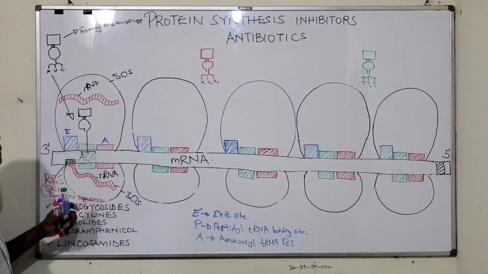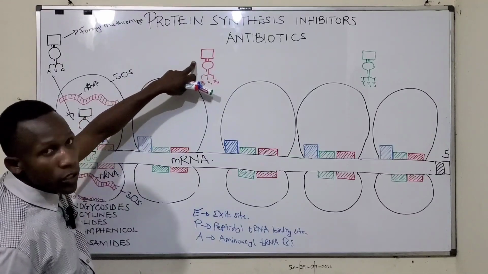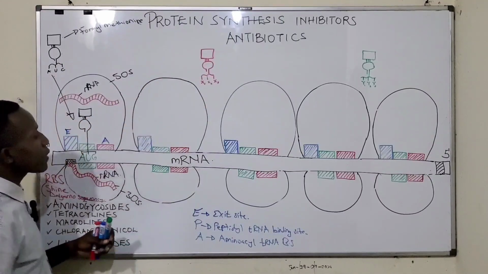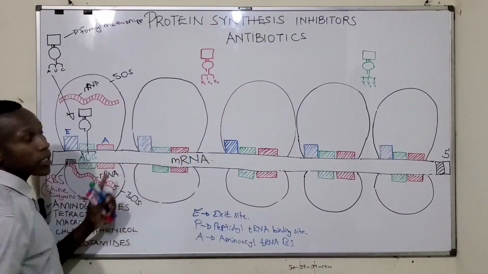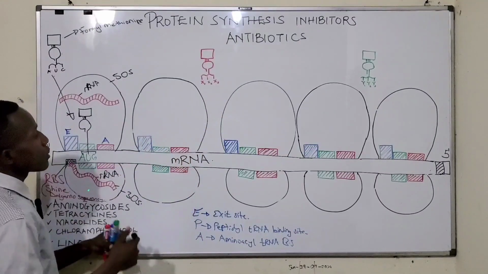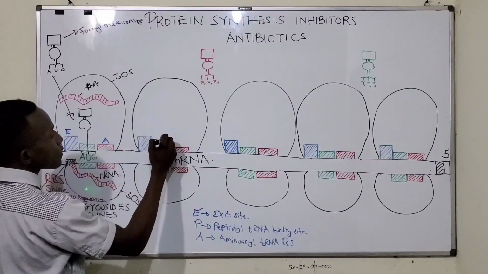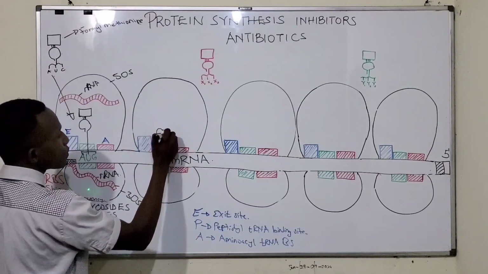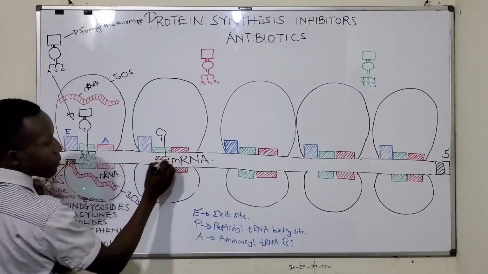When this binds here, the second amino acid carried by the second transfer RNA will also bind to the A site, but this will depend on the messenger RNA sequence. So when this one comes to the A site, we shall have this. This is just a bond.